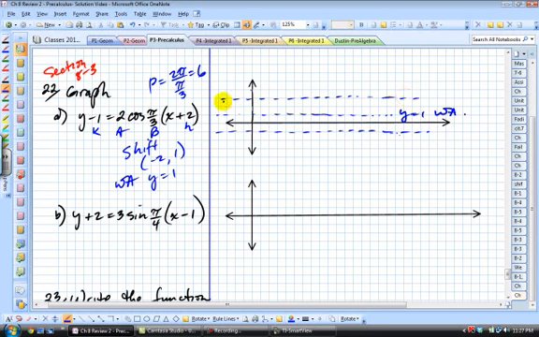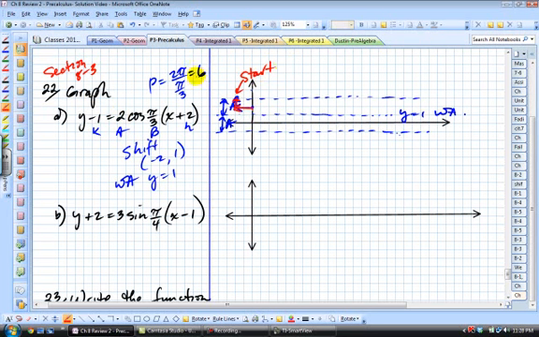Now cosine usually starts at 0, 2 if it's not translated, but it's been translated 2 left and 1 up. So go 2 left, 1 up. This is where I start.